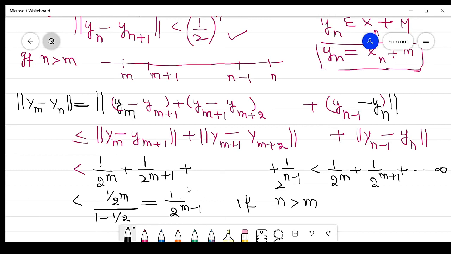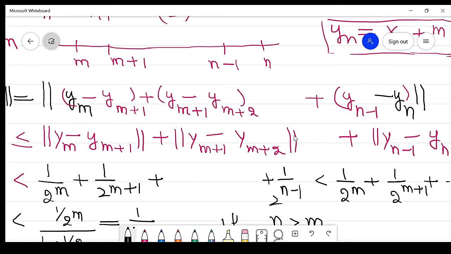But in order to prove that in terms of the definition, we will choose some epsilon greater than 0.